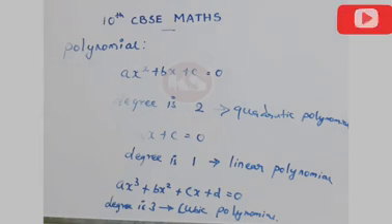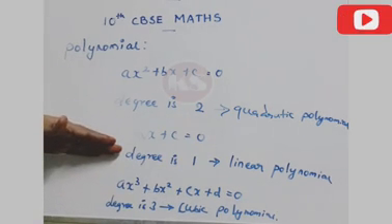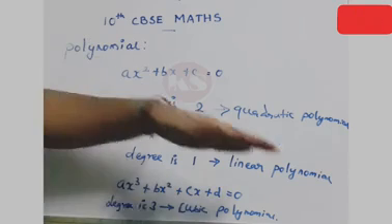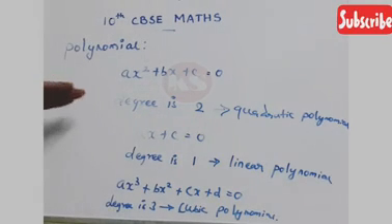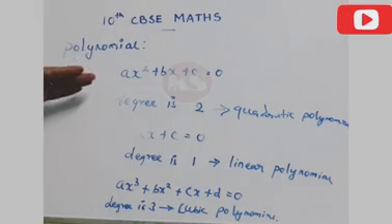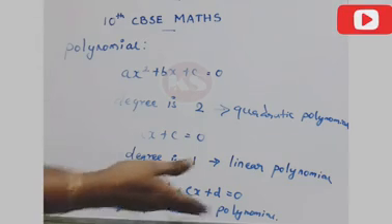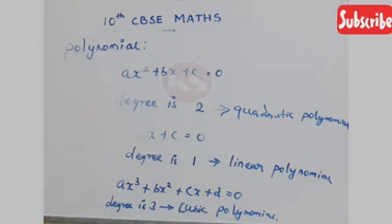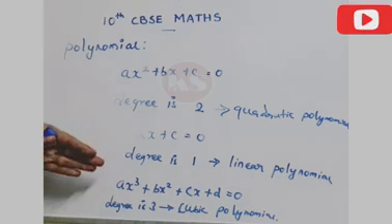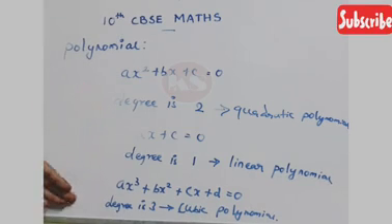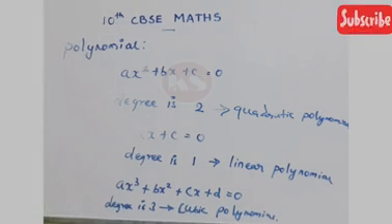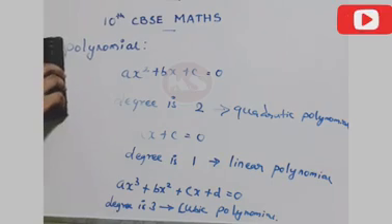So these are the 3 types of polynomial. When the degree is 1, that is linear; when the degree is 2, that is quadratic; when the degree is 3, that is cubic. So you can understand the concept of the polynomial. The 3 types in this chapter are linear, quadratic and cubic.